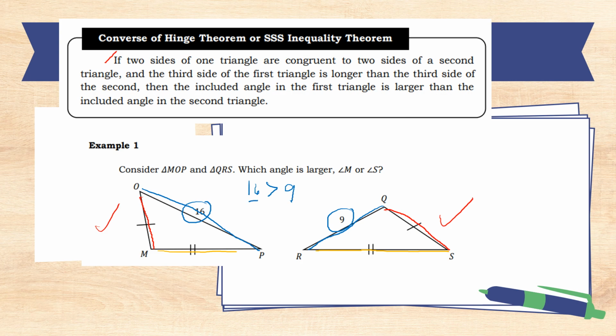Since 16 is greater than 9, therefore the angle opposite to 16 is much greater. Angle M is greater than the angle opposite to it, angle S. Final answer, angle M is larger.